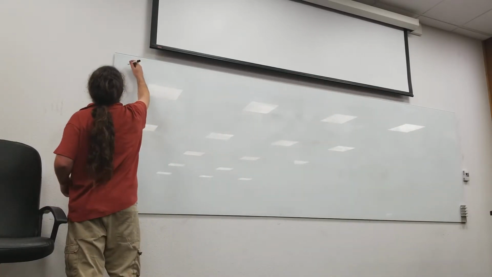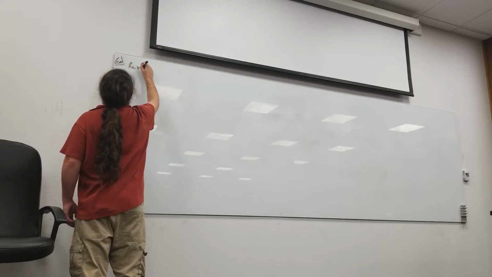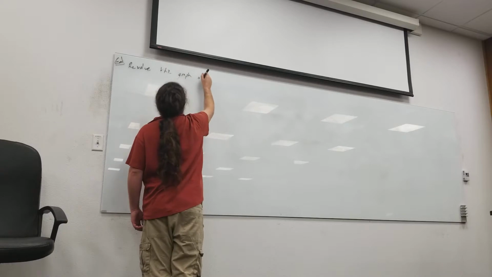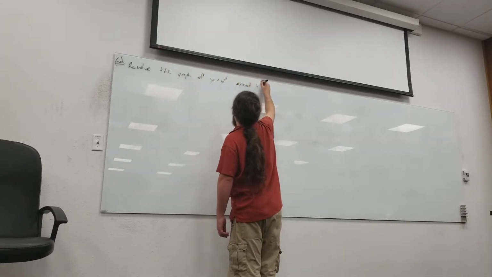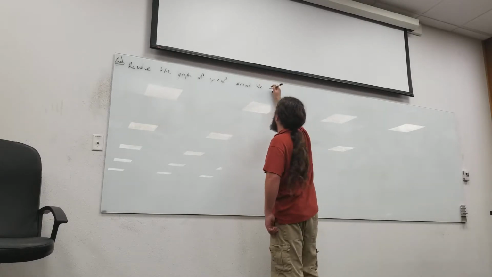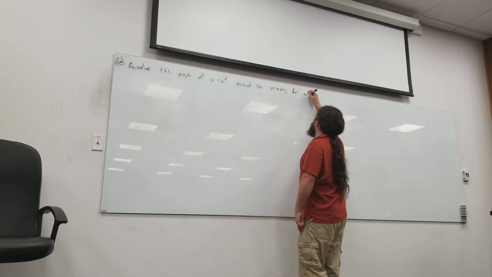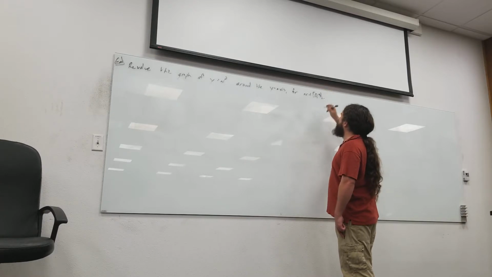All right, so suppose we revolve the graph y equals x squared around the y-axis, and let's say that x is in 0 to 3.